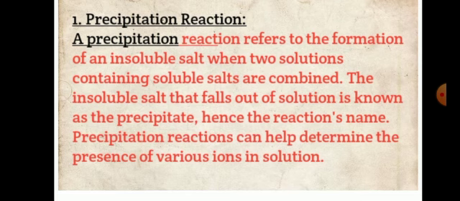Exothermic means, from the word exo you can understand outside, thermic means heat. So in this type of reaction, heat is evolved, heat is released out. Hence this precipitation reaction is an exothermic reaction.